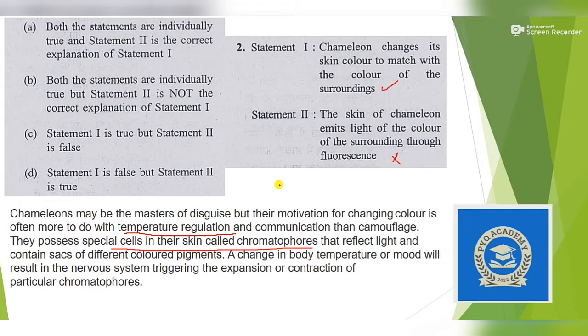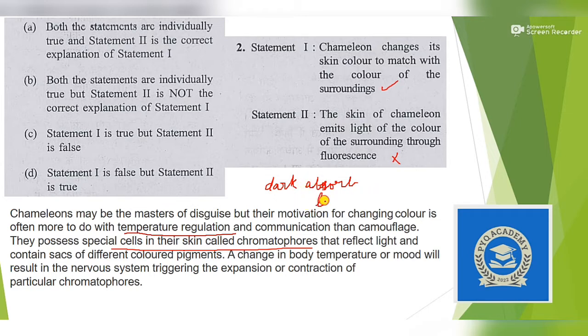So when it has to increase the temperature, it can change into a dark color. Okay, and the dark color will absorb light.